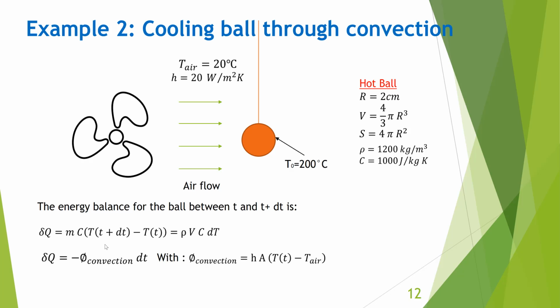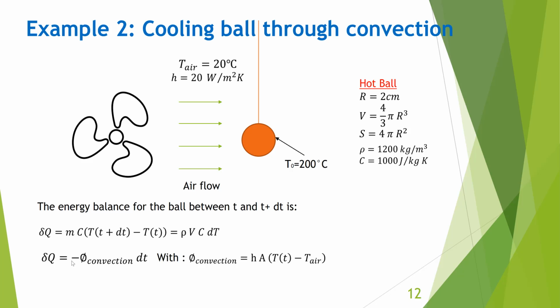So now this loss of energy in the ball is equal also to the energy exchanged by convection between the ball and the air, which is in contact with this heated surface.